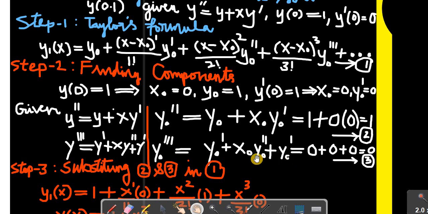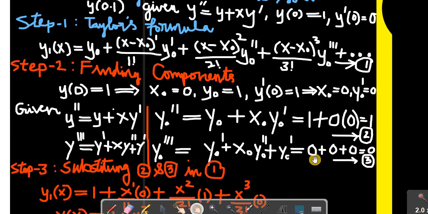And then y naught double dash value is 1, but 0 into 1 will come here, therefore we get 0 here, plus the last one, the value of the first derivative at x equals 0, which is 0. That value we have put here. So if you add all these 0s, you will get the value as 0 here.